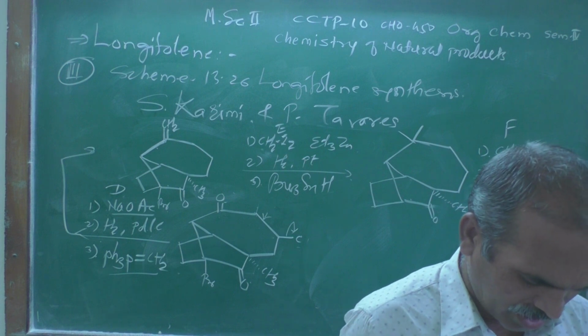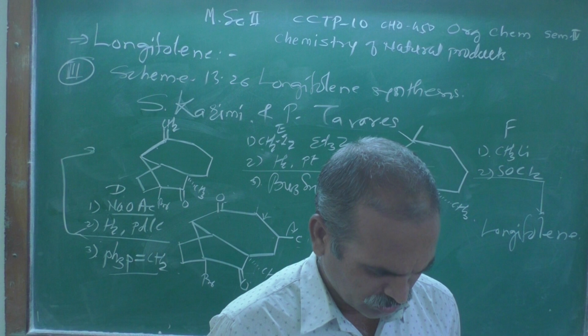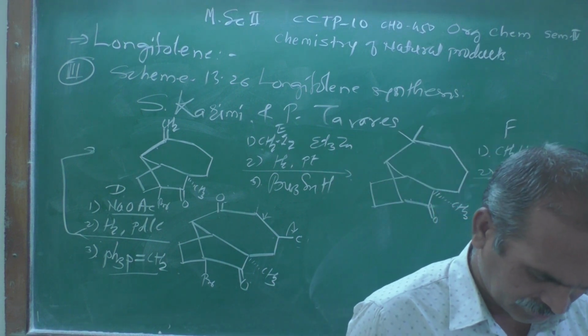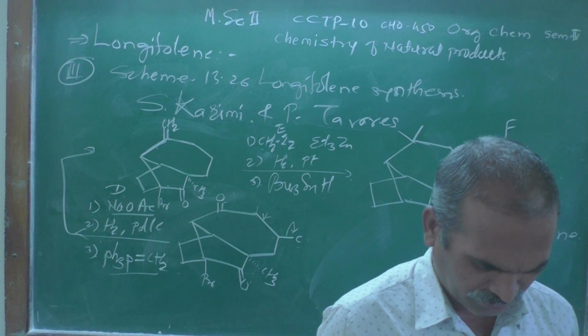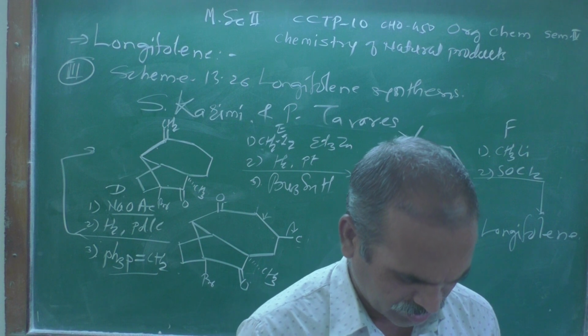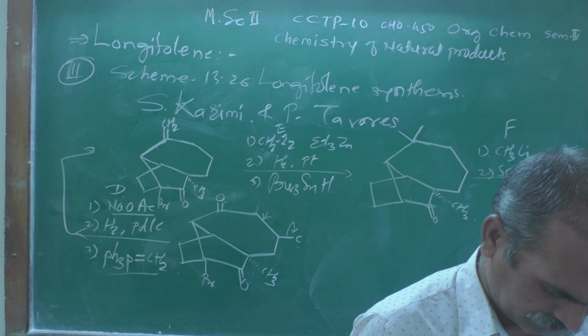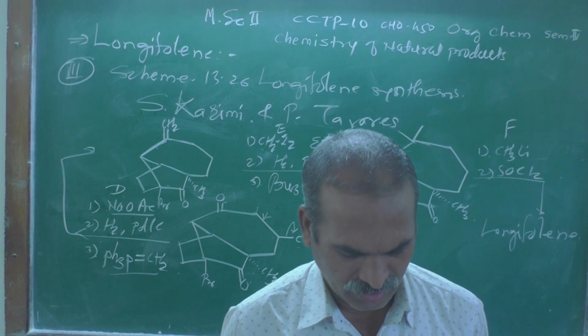After breaking, AIBN, that is azo-isobutyronitrile, initiator is used over here, and we get this type of hydride, and when it is treated with this, we will get an alkane.